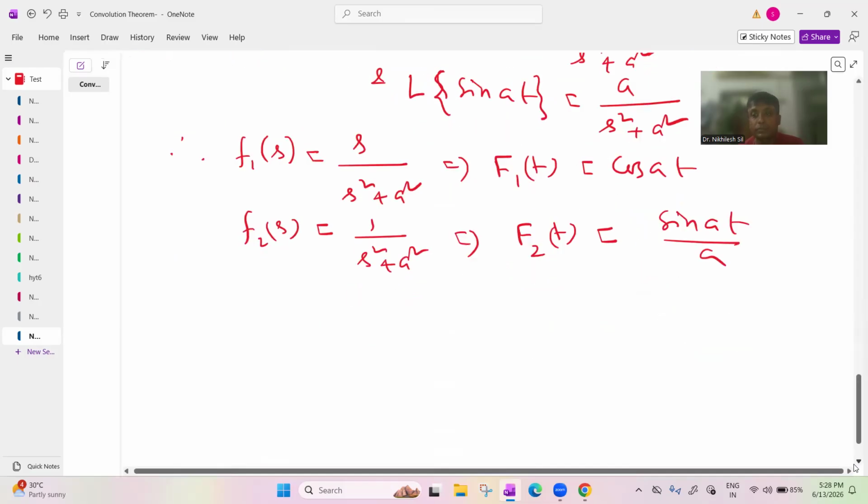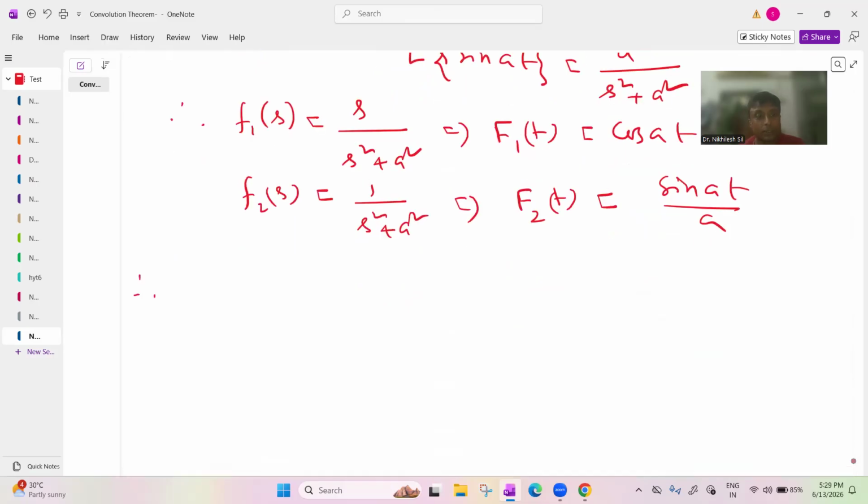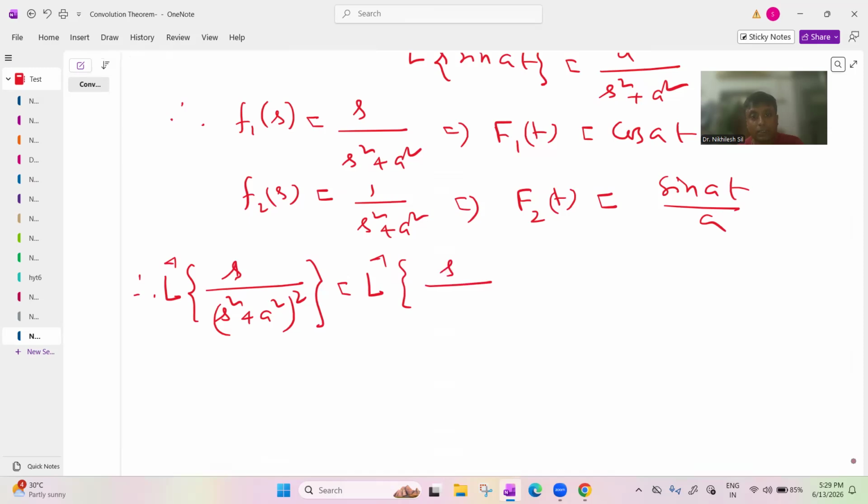Okay, clear? Therefore, L inverse of 1 by s by (s square plus a square) whole square is equal to L inverse of s by s square plus a square into 1 by s square plus a square.